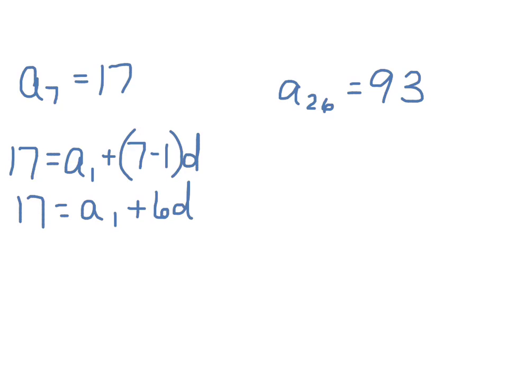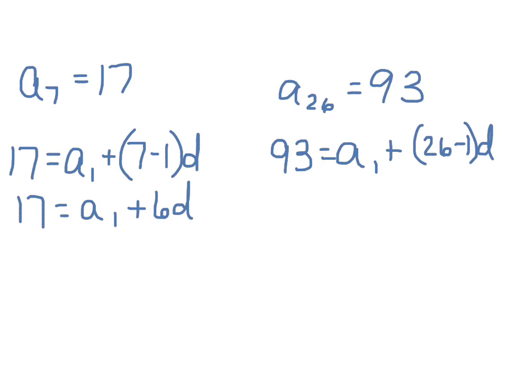Now, I want you to do the same thing on the other side. When I plug in 26, I get out 93, which means 93 equals, I don't know, A1 plus 26 minus 1 times D. What's 26 minus 1? 25. 93 equals A1 plus 25D.